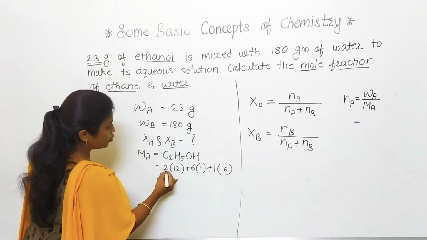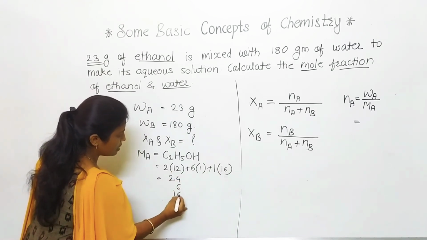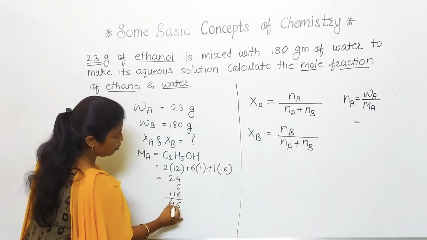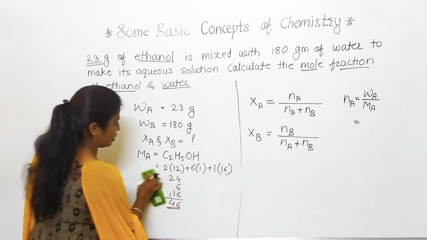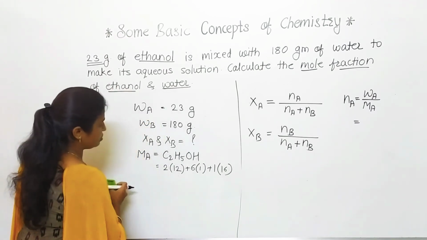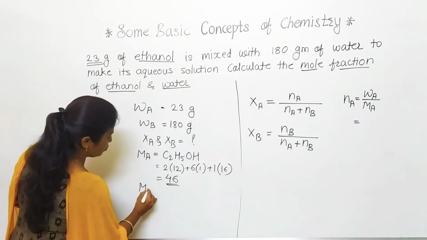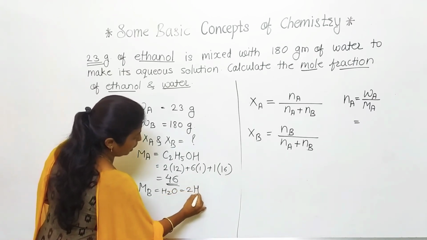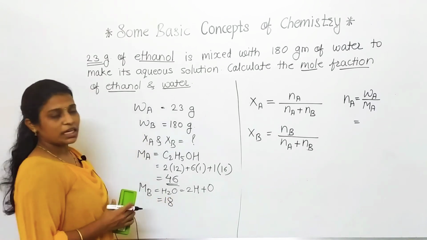So 12 twos are 24, plus 6, plus 16. 6 plus 4 is 10, 10 plus 6 is 16. 46 is the molar mass of ethanol. I will write it directly: 46. Now the molar mass of solvent, water: 2 moles of hydrogen plus 1 mole of oxygen, so it will be 18.